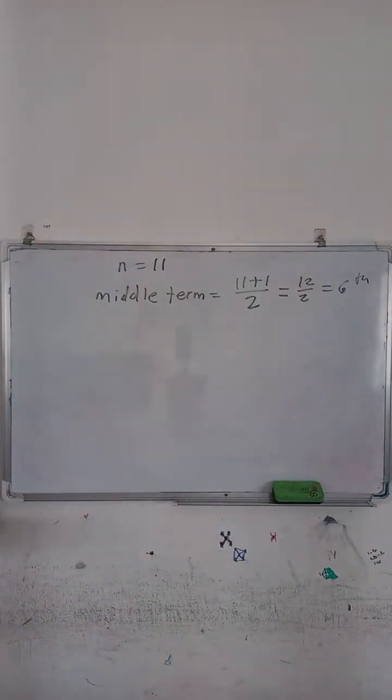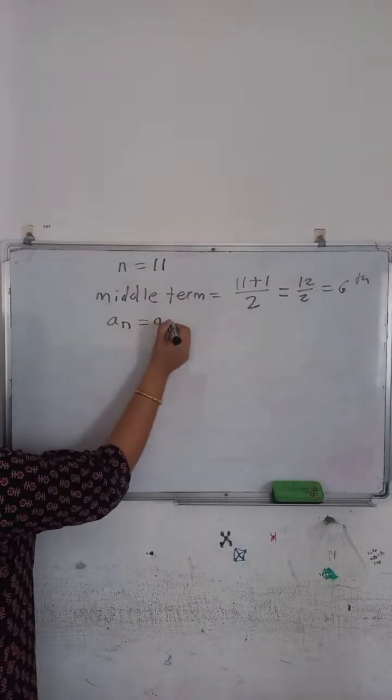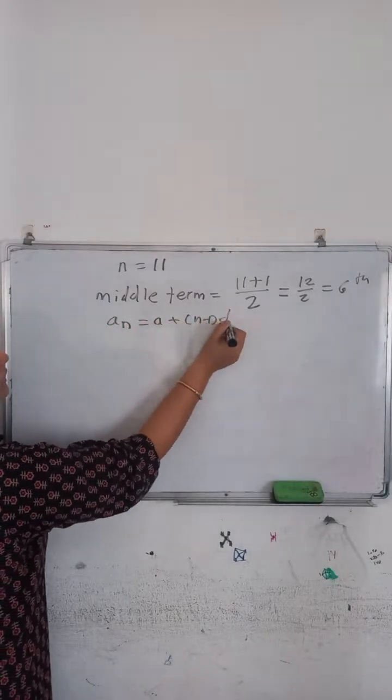Now how can we write the sixth term? Can I use this formula, an is equal to a plus n minus 1 into d?